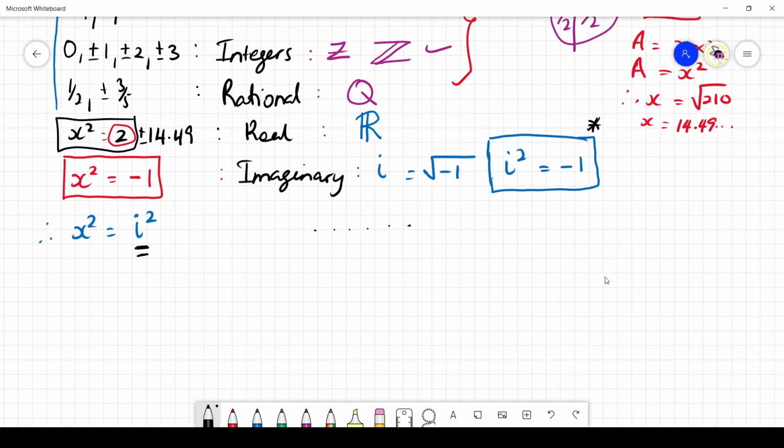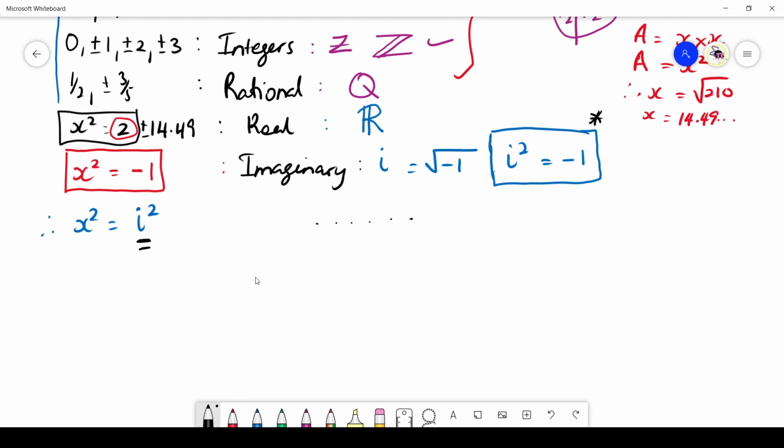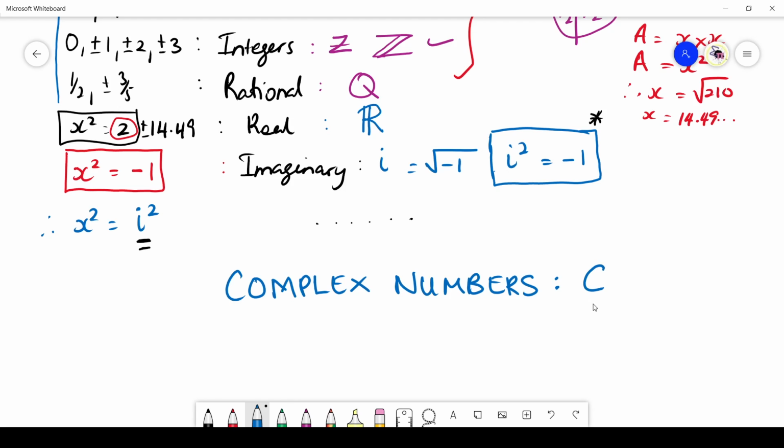So complex numbers, pretty much in a nutshell, are denoted by the symbol C, okay? And it's a type of number system that was introduced when real and imaginary numbers came into play. So a complex number is like a two-part system, all right?